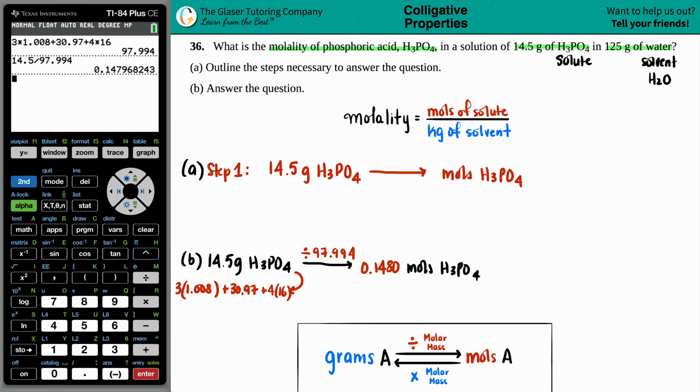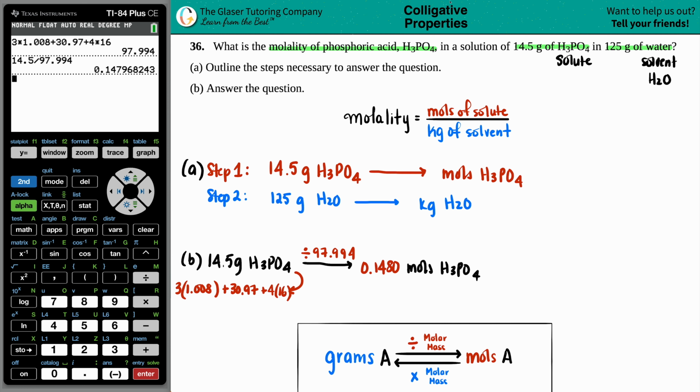Now, what's the second step? We got the moles, right? We're just trying to find out the molality. So step number 2 would be, I need the kilograms of the solvent. But they gave me 125 grams of H2O. So I have to convert that into kilograms of the solvent, which is the H2O.